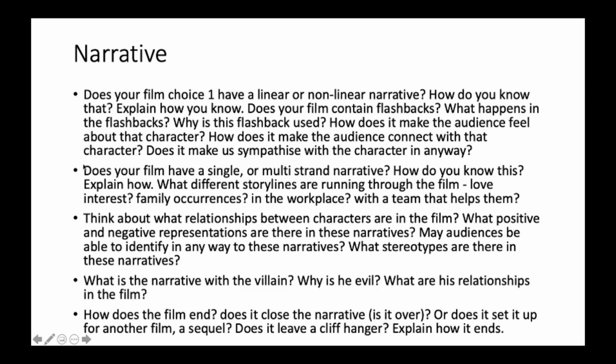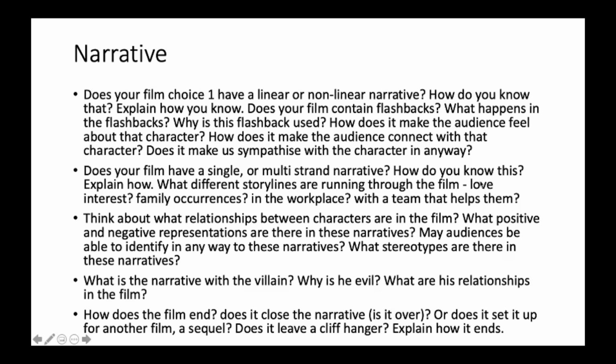The second bullet point is all about questions in regards to whether there is a single or multi-strand narrative. Again, if you need to go and revisit the slides which I've discussed earlier, this is your chance to do that. But essentially I want you to answer the question, does it have a single or multi-strand narrative? Again, how do you know this? Explain how you know this. Talk about the different storylines which are running through the film.